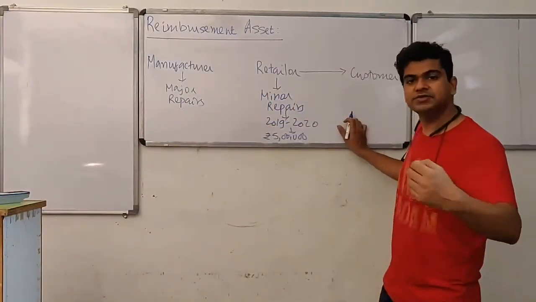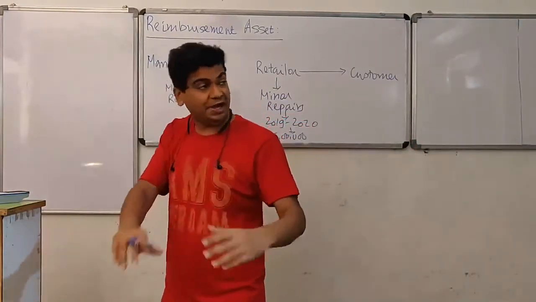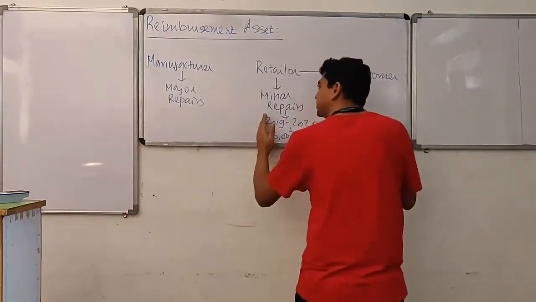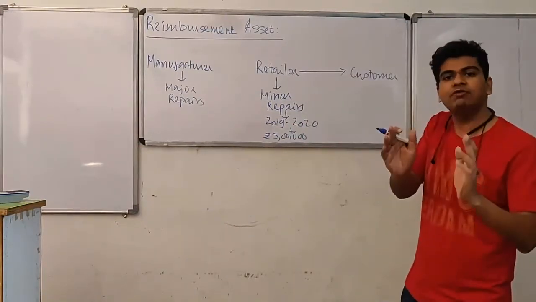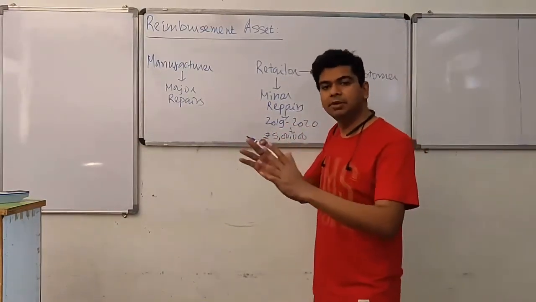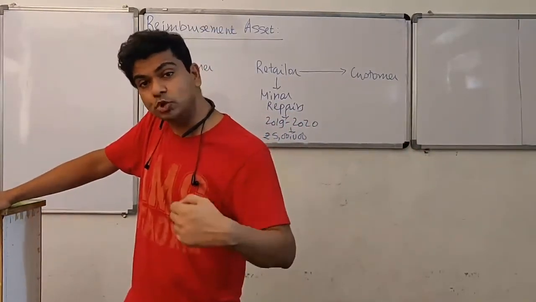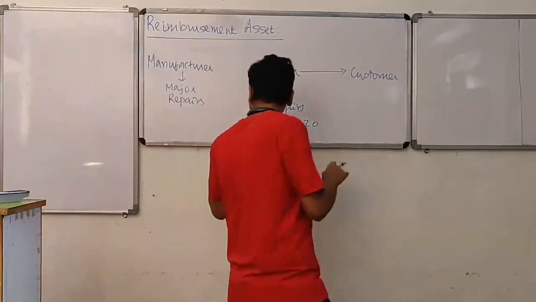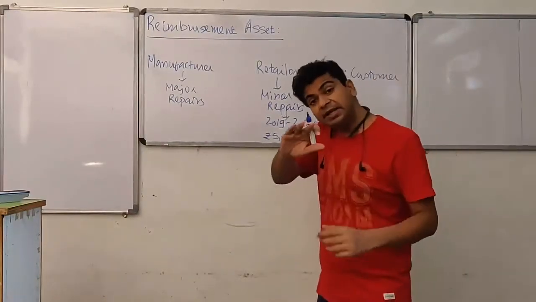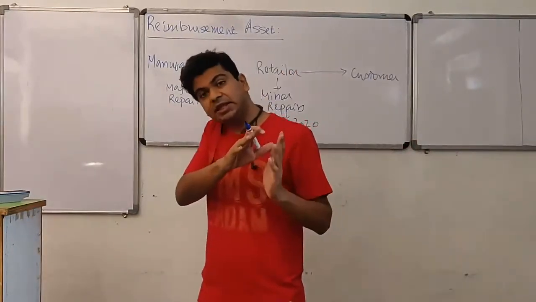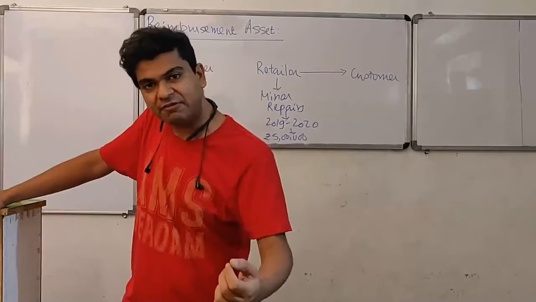That is the reason they have this system. Whatever documentations and proofs are required are maintained by the retailer. All that is shared with the manufacturer, and once the manufacturer is convinced, then the manufacturer is releasing the reimbursement. So, at the end of the year, there is always a reason to believe that this rupees 5 lakhs may be reimbursed, may not be reimbursed. It is quite possible that the manufacturer may disagree with the retailer and suggest that we will not reimburse 5 lakhs, we will reimburse anything less than rupees 5 lakhs.